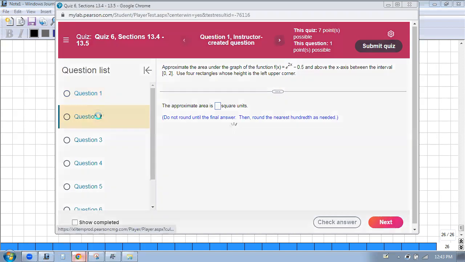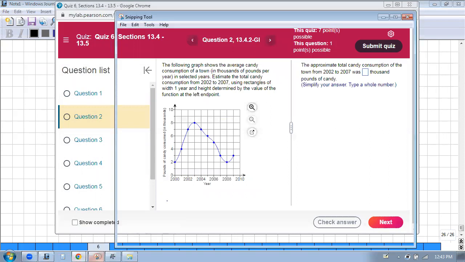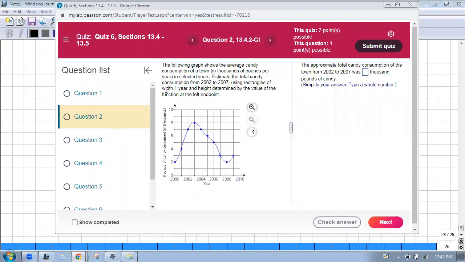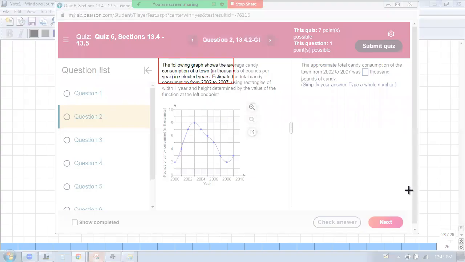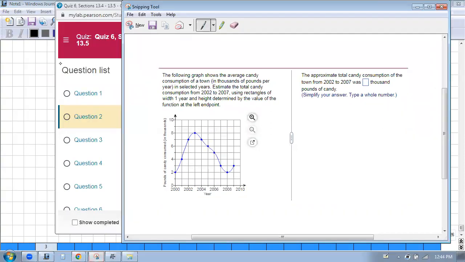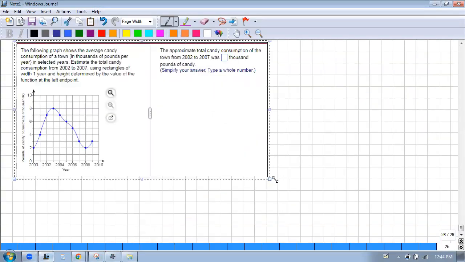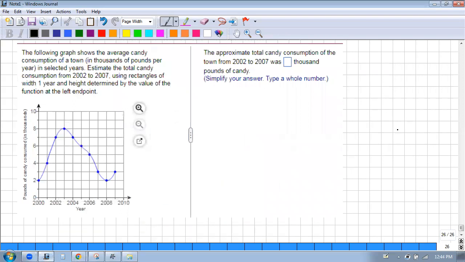So let's look. The following graph shows the average candy consumption of a town in thousands of pounds per year in selected years. Estimate the total candy consumption from 2002 to 2007 using rectangles of width 1 year and the height determined by the value of the function at the left endpoint.